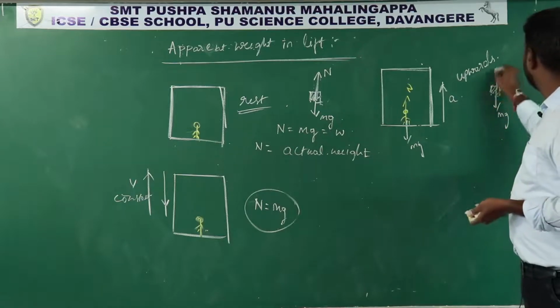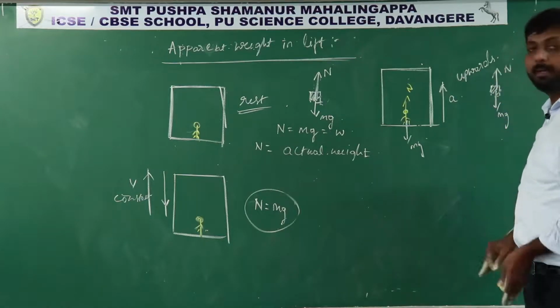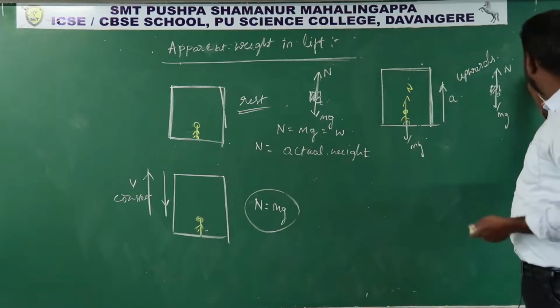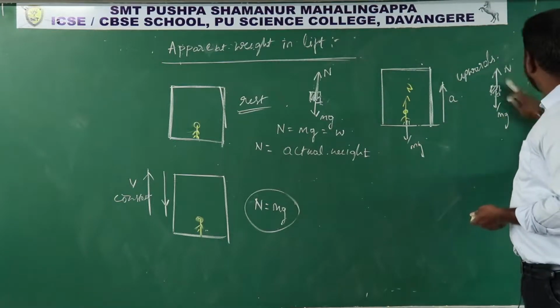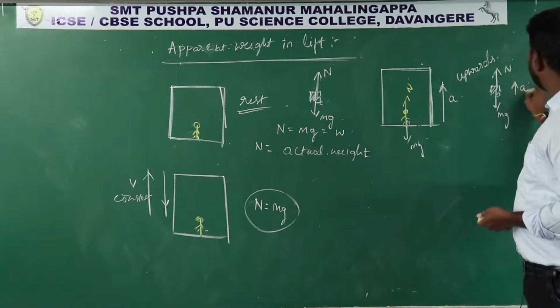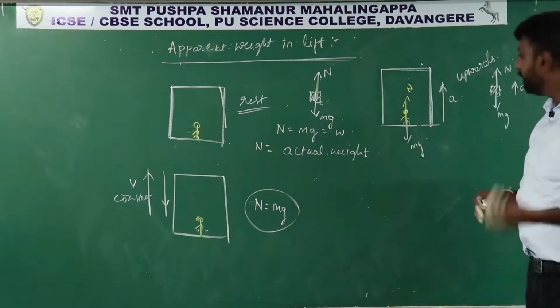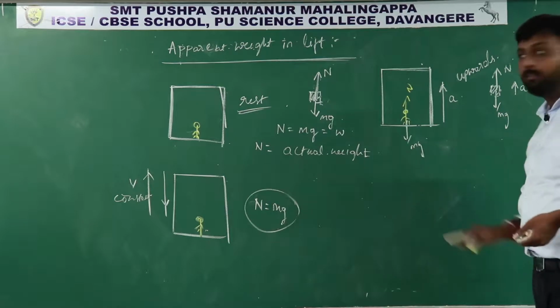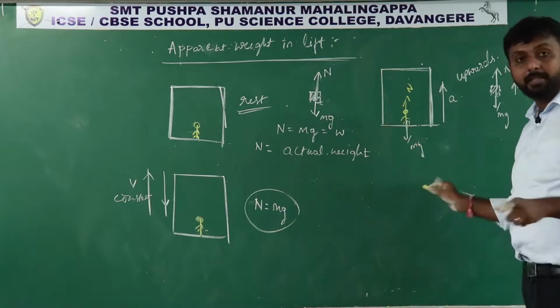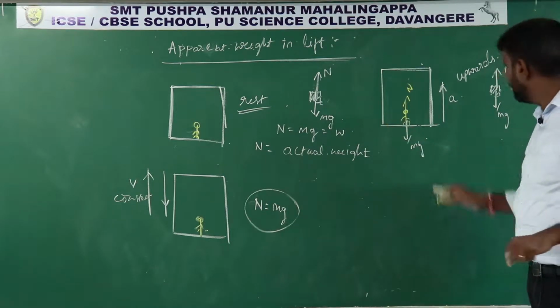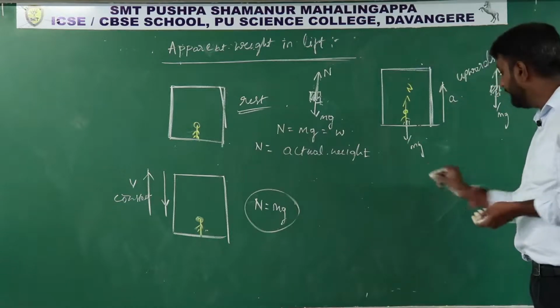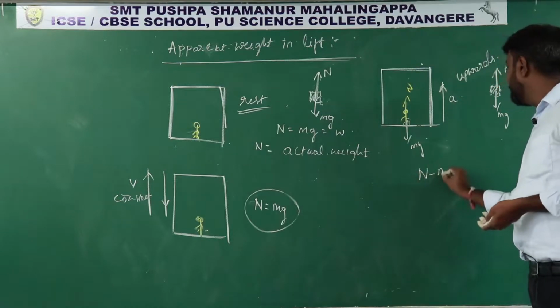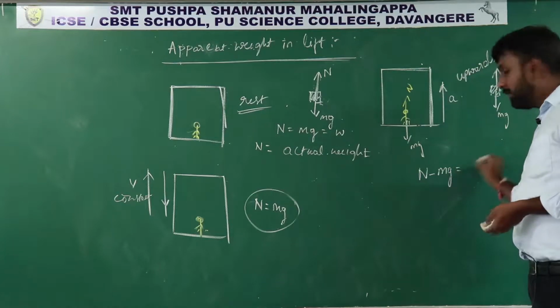The system is moving in the upward direction, so there is an acceleration a. Which force is greater? N, right? So N minus mg is not equal to 0 now.